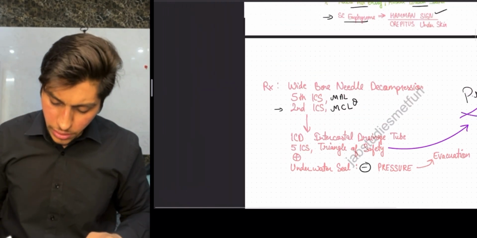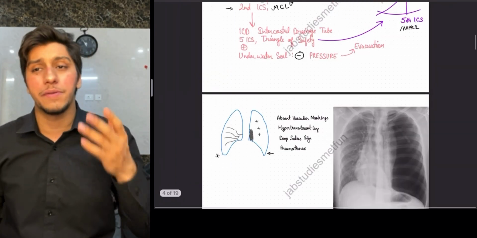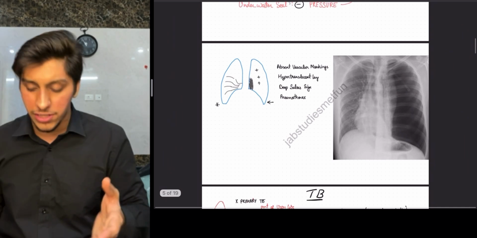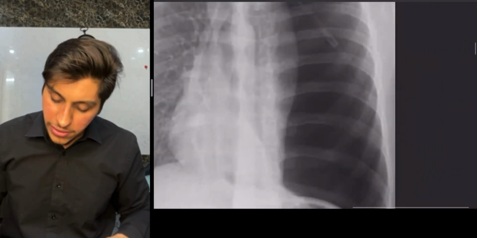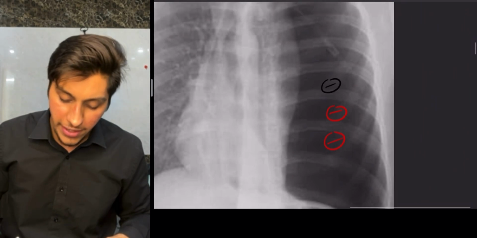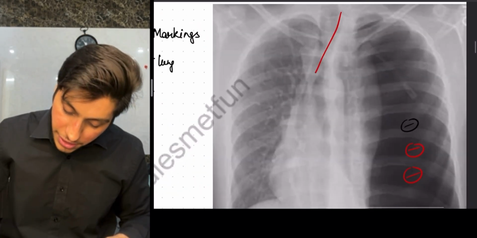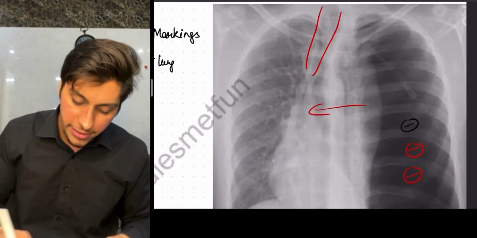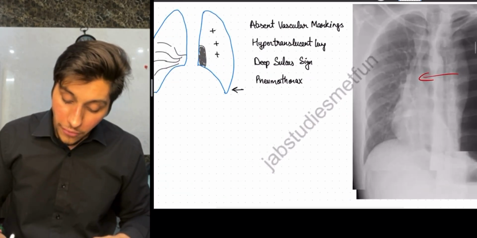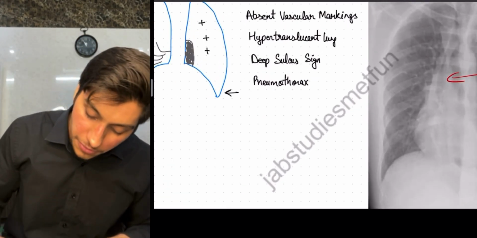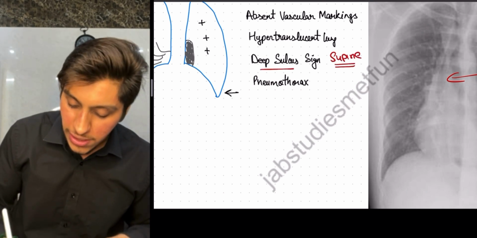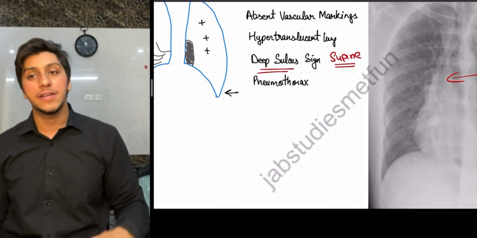All right. So this is all you need to know with respect to pneumothorax, which we already discussed in radiology. Let's bring a quick summary. Classically, you're going to see absent vascular markings. You will see a tracheal deviation to the contralateral side. Along with that, if the patient is in supine position, you see the deep sulcus sign.